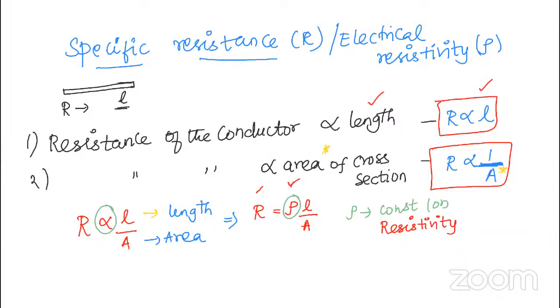Okay. Keep this equation in mind and note it down well: R is equal to rho into L by A. Here R is electric resistance.